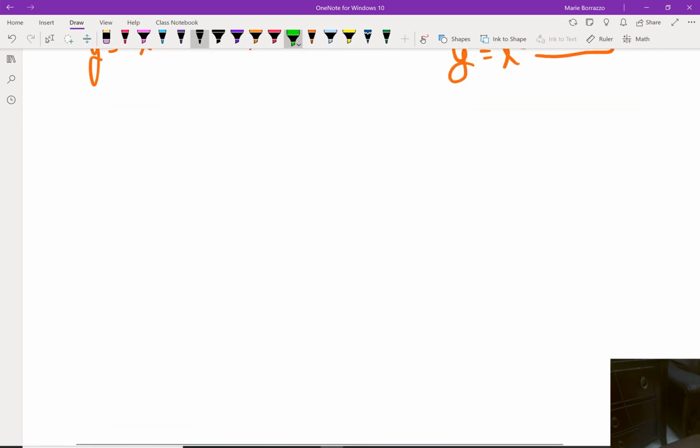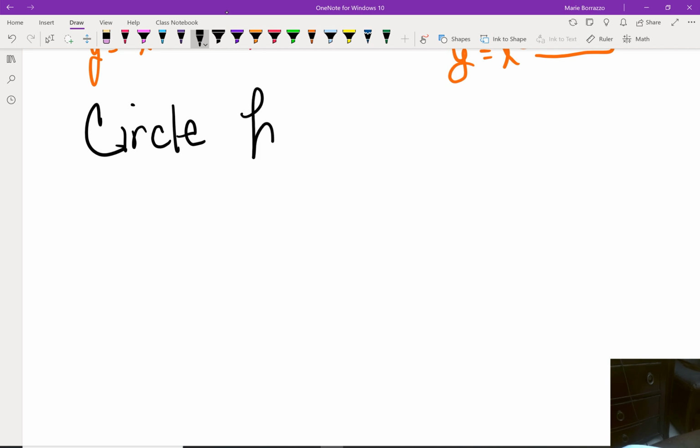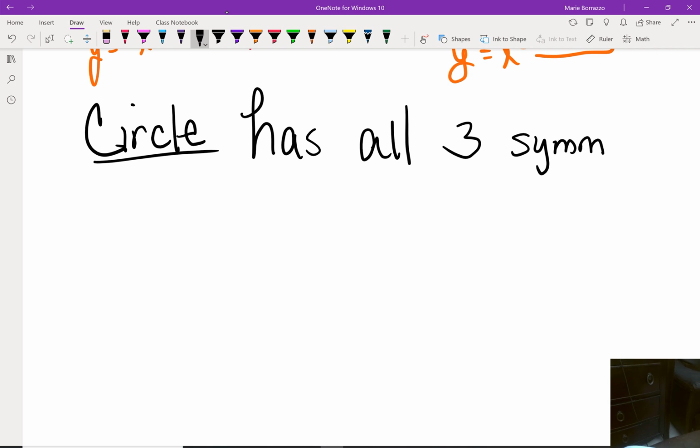Now, if you look at the equation of a circle, the circle is the only equation that has all three. So any equation that is a circle has all three symmetries.